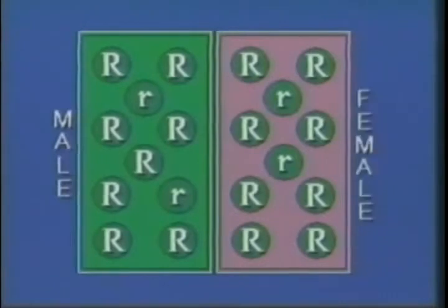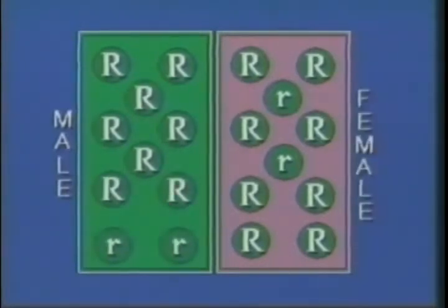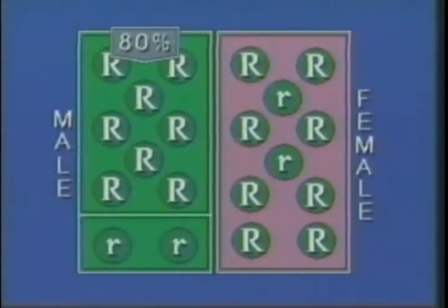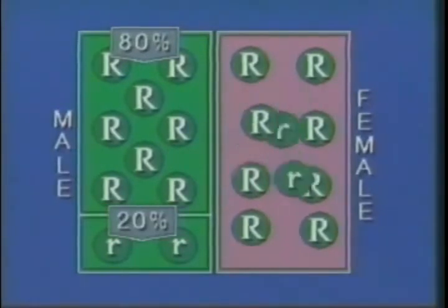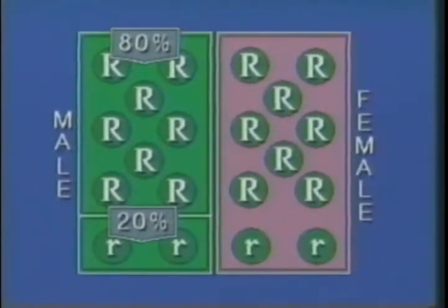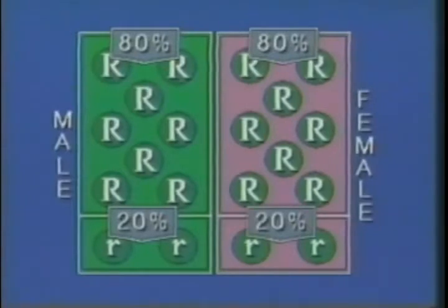Imagine a gene pool. In it, the dominant allele is carried by 80% of the male gametes, and the recessive allele by 20%. Likewise, the dominant allele is carried by 80% of the female gametes, and the recessive by 20%.